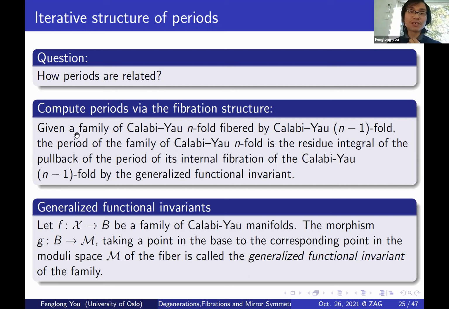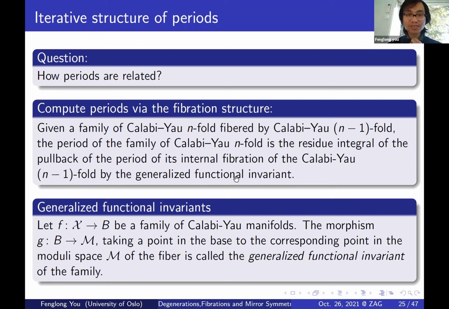If we have a family of Calabi-Yau n-folds fibered by Calabi-Yau (n-1)-folds, then the period of the family of Calabi-Yau n-folds can be computed as a residue integral of the pullback of the period of the Calabi-Yau (n-1)-fold by a generalized functional invariant.